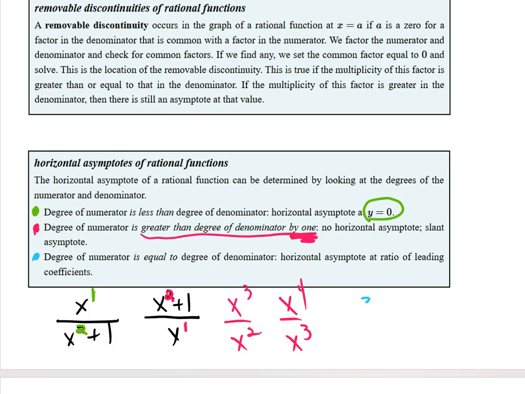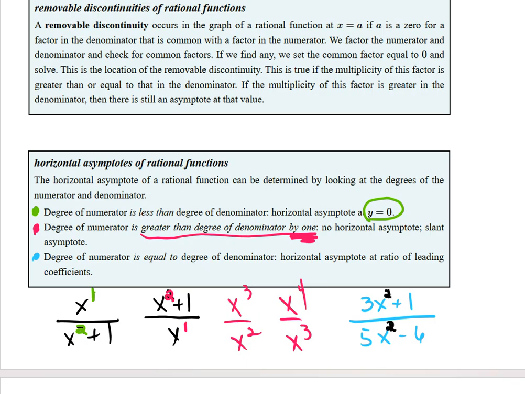So if I had 3x plus 1 over 5x minus 6, these are both first degree. They could also be squared: 3x squared and 5x squared.